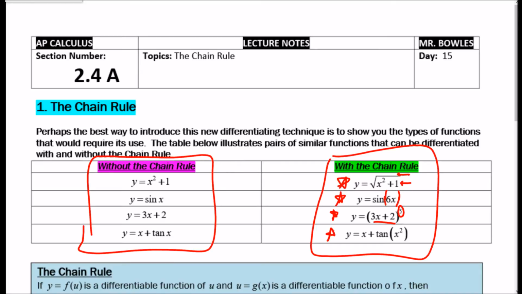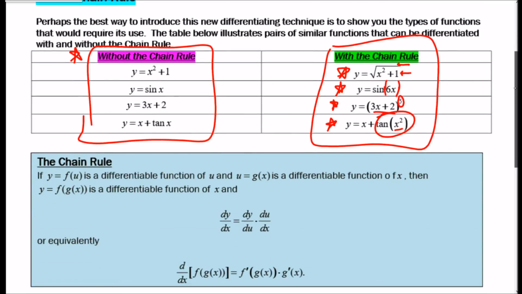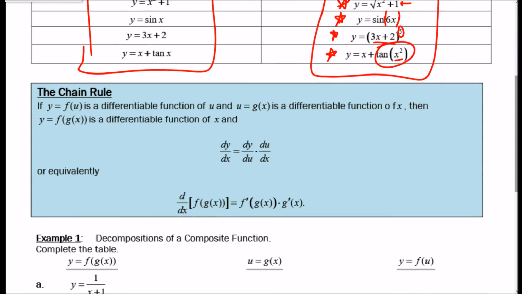And on this last one, we have a quadratic function inside of a trig function. On the left column, you'll notice that we don't have any inner and outer functions as we do with the right side column.